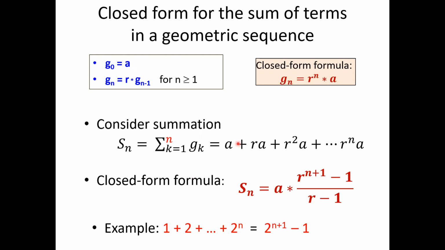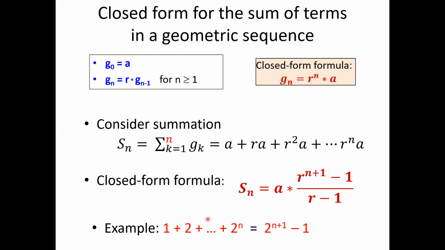Turns out this summation has a closed formula like this. As you can see, everything here is multiplied by a, so this a stands in front. But the interesting part is, what's the sum 1 plus r plus r squared up to r to the n? And it's this.